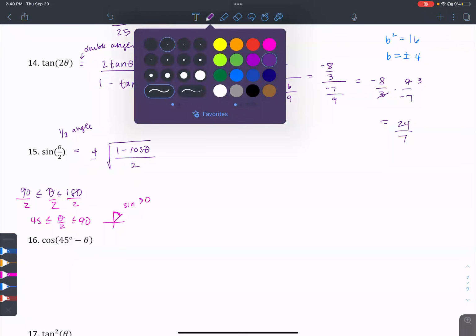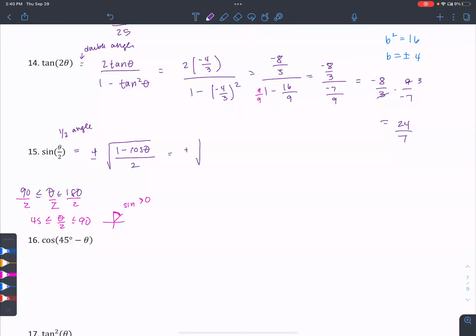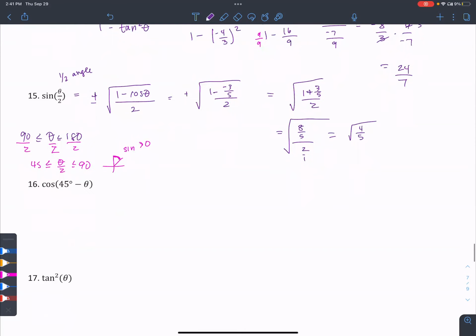So we are going to choose the positive square root here. Cosine of our theta was -3/5. Okay. So we have the square root of 1 plus 3/5 over 2. If you were to continue to simplify, that's 8/5 over 2, which is 2 over 1. 8 divided by 2 is 4, so this is the square root of 4/5. Multiply by 1/2, multiply by 1/2.